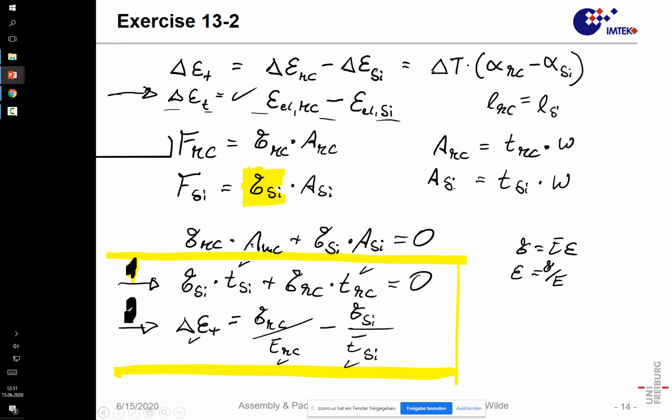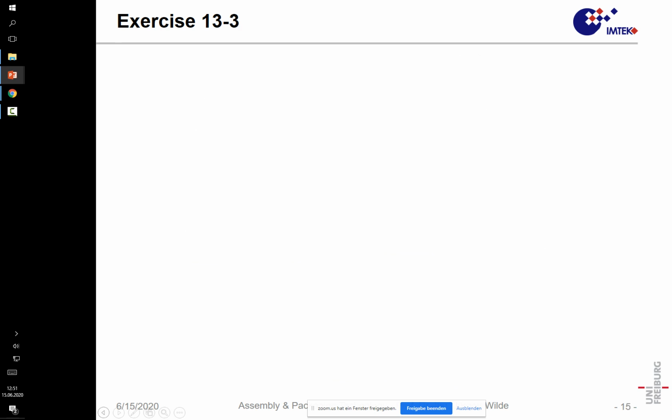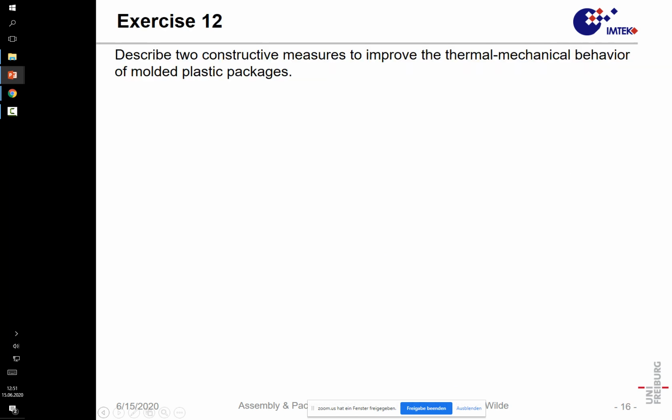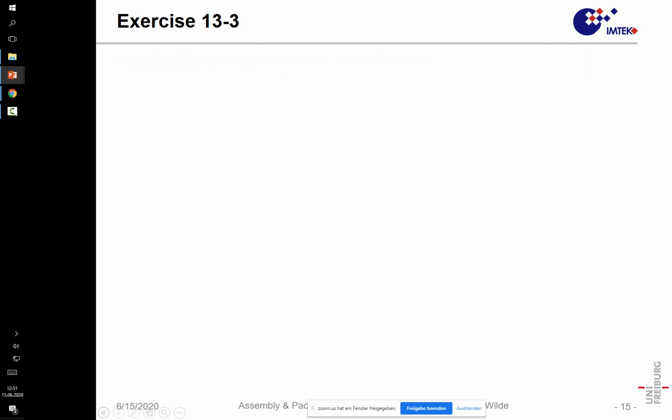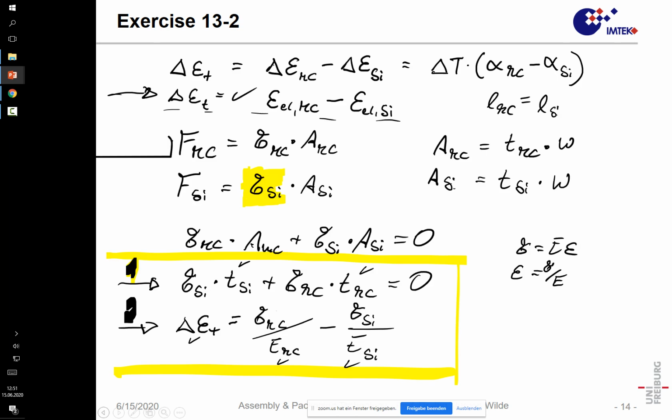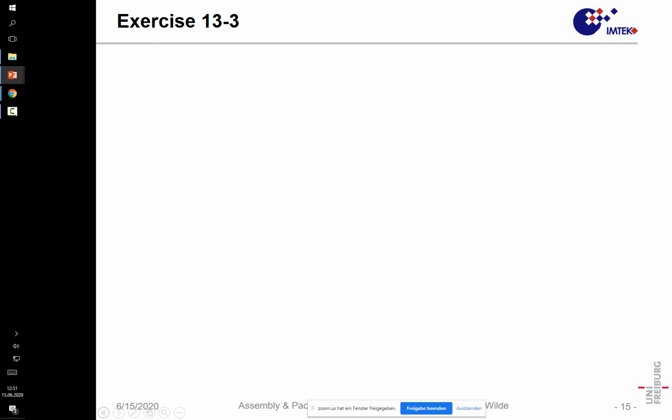Strange thing. Now this page has vanished. Okay. So we must come back here.